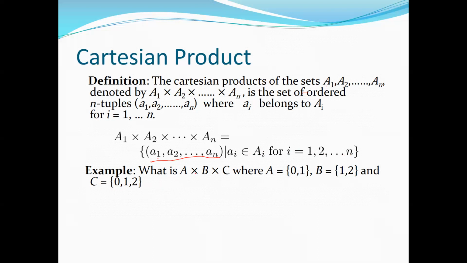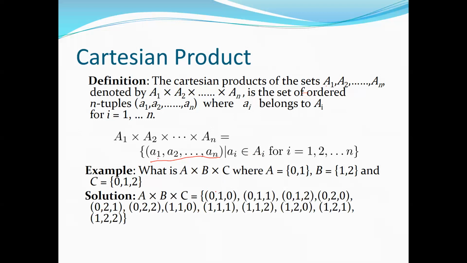So for example, what is A cross B cross C, where A is {0, 1}, B is {1, 2}, and C is {0, 1, 2}? So we have three sets A, B, and C. Let's see. First of all, you take the element from A, that is 0, and make ordered tuples (0, 1, 0), then (0, 1, 1), then (0, 1, 2).